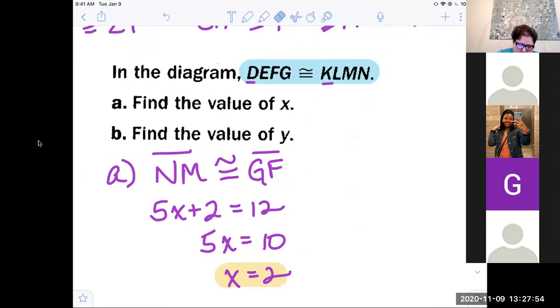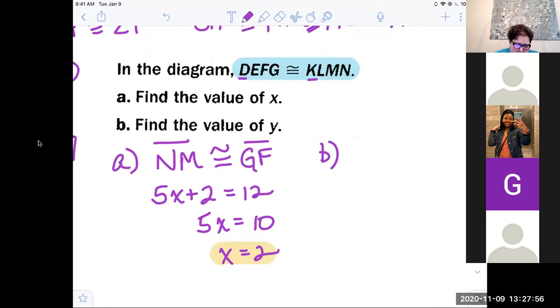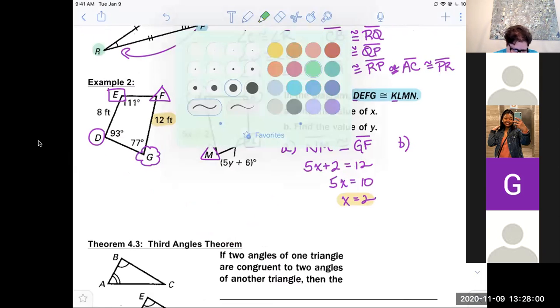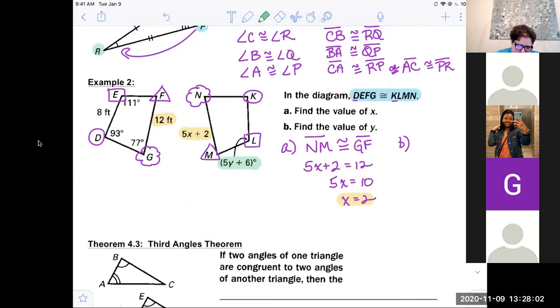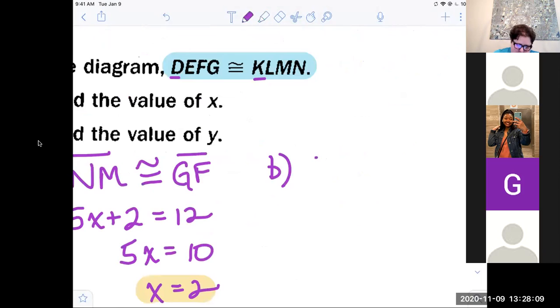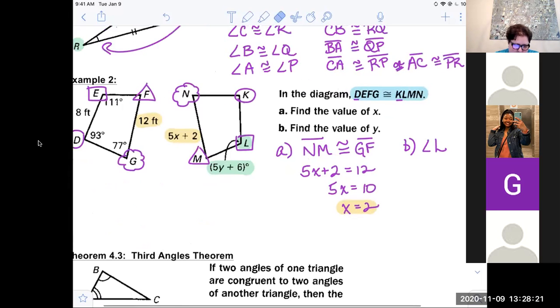So for finding y, 5y plus 6 is angle L. When you use L for a vertex, you have to be a little bit careful that it doesn't end up looking like something else, because then somebody reading it wonders what it even says. Okay, angle L. Kendall, can you tell me which angle is going to be congruent to angle L? Which vertex matches up?